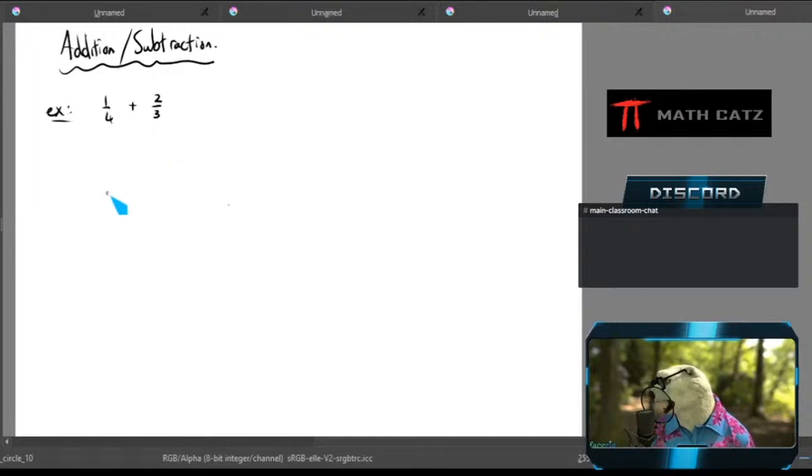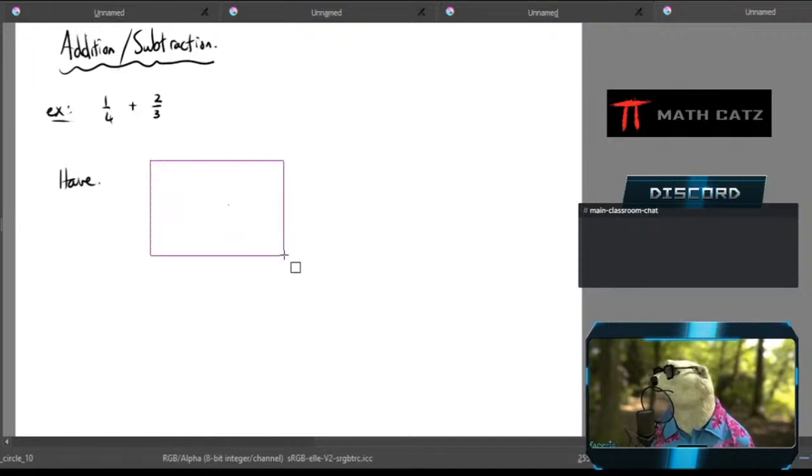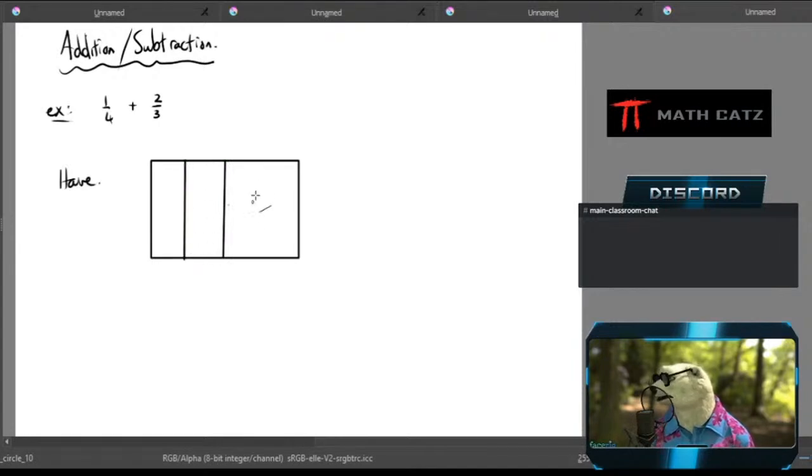Now, I know what to do here. I start with my first number. That's what I have. So I'll do a quick version here. I have to represent it, of course. I don't want to make a mess of it, so I do want to use straight lines. But we've done it a few times now, so we can do it really fast.